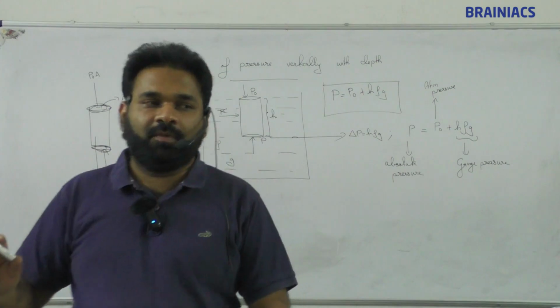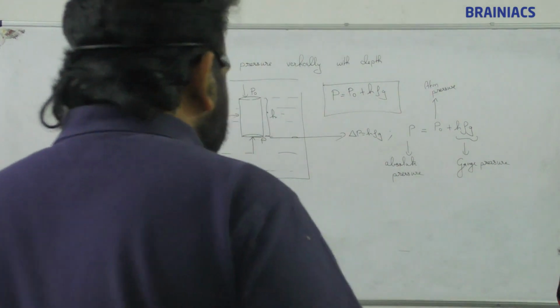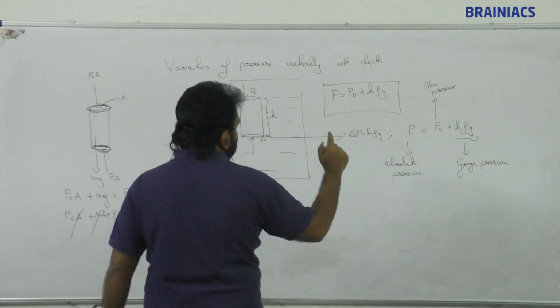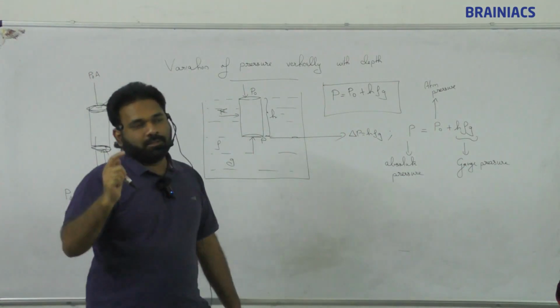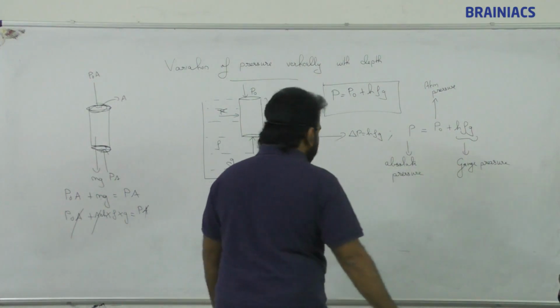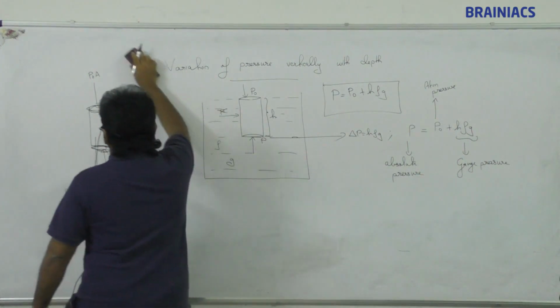Yesterday itself we have seen, gentlemen, you asked how this comes as the equation of a straight line. So again, see this one, is it an equation of a straight line? Can you relate?